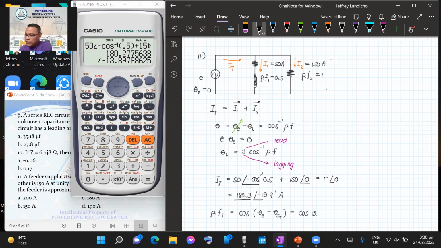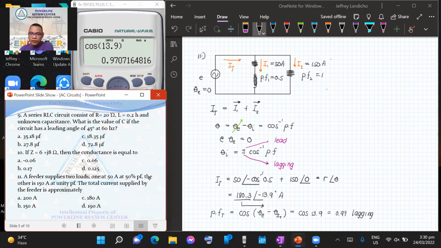Cosine of what? 13.9, it would serve as the overall power factor in case hanapin ng problem. So cosine of 13.9, so it should be 0.97. Leading or lagging? Lagging yan. Since lumabas na sign niya is negative. So dito, ang hinahanap lang is the magnitude. So you have 180.